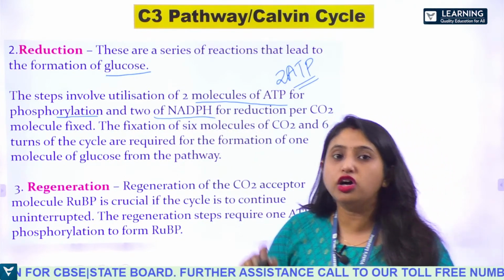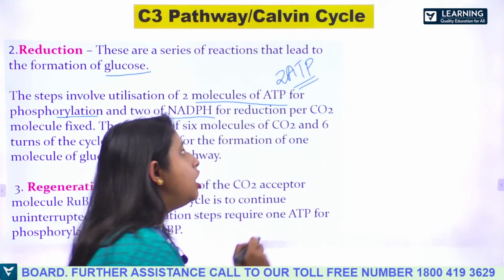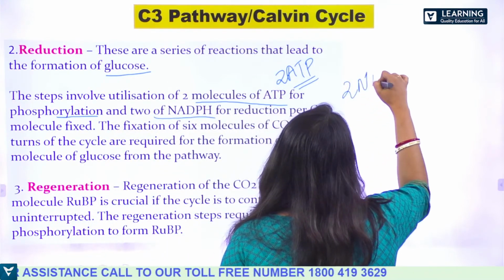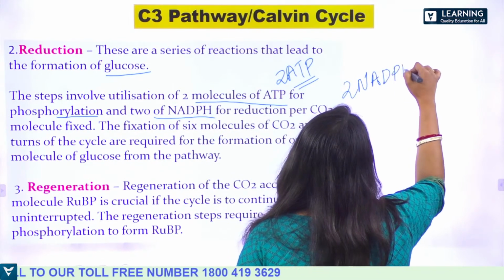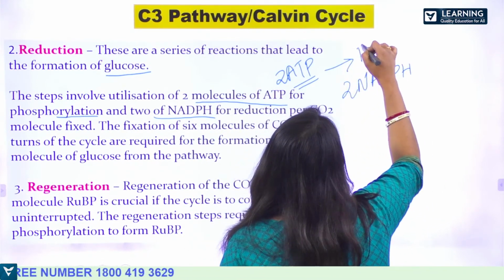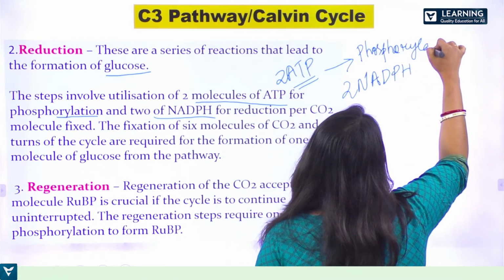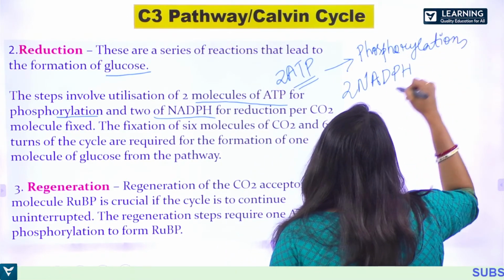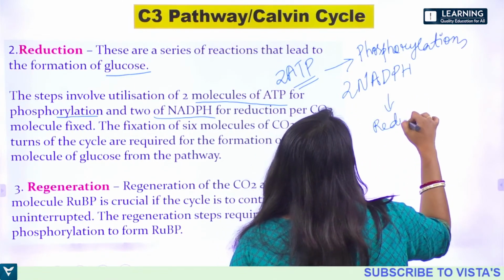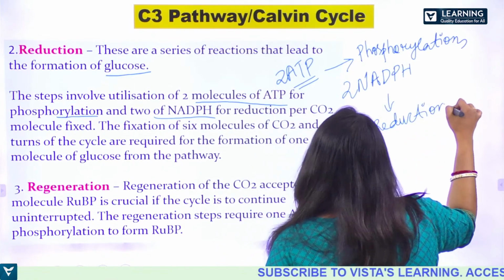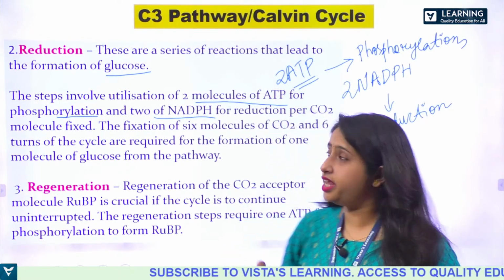During the reduction process, 2 molecules of ATP are used for phosphorylation, and 2 molecules of NADPH are used for the reduction process. All right, so see next.